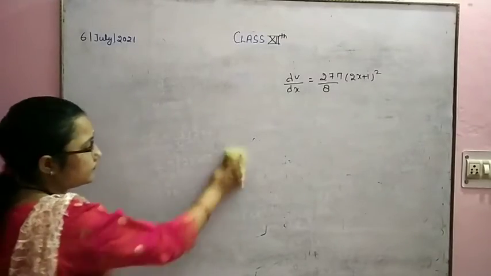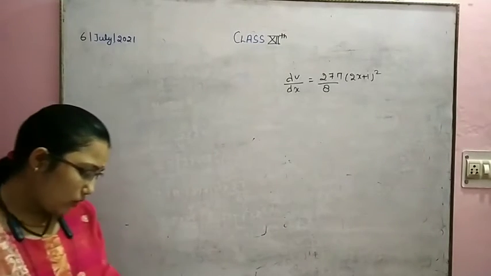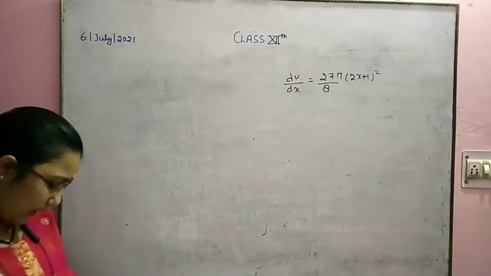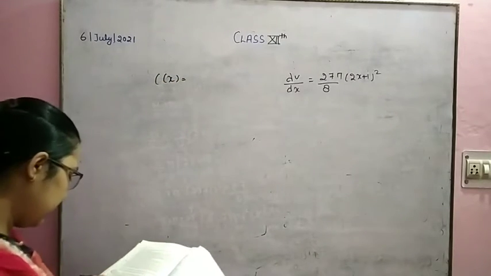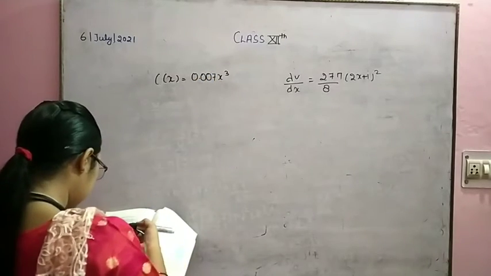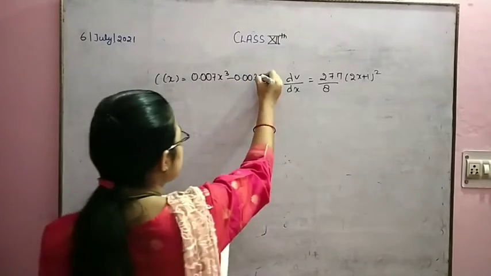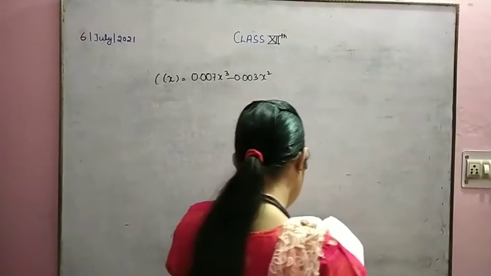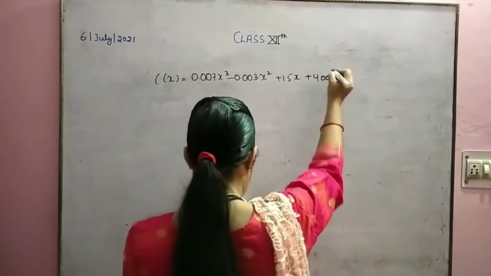Question number 15. The total cost in rupees associated with the production of X unit of an item is given by, cost is given to you 0.007 x cube minus 0.003 x square plus 15x plus 4000.